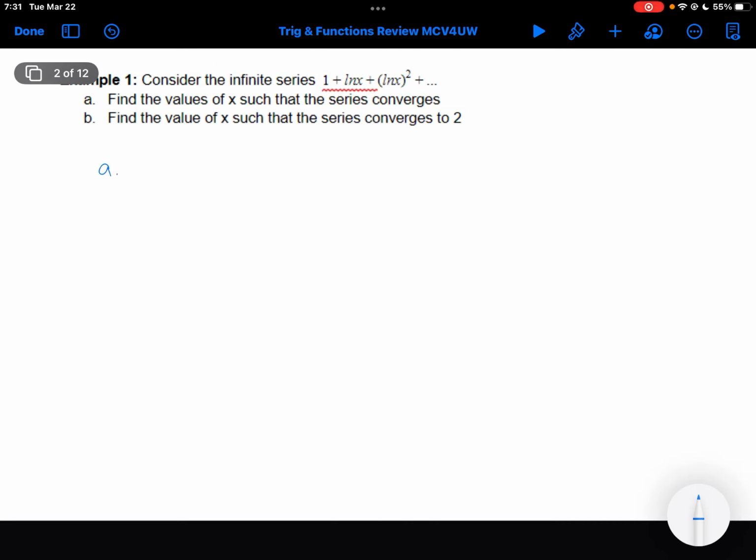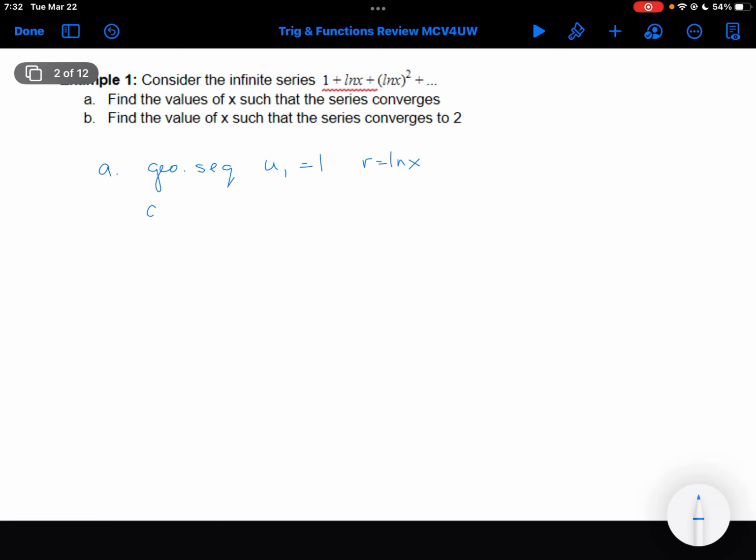So for part A, the first thing that we know is that we have a geometric sequence where u1 is equal to 1, that's our first term, and r is ln x, so that is our constant multiple.